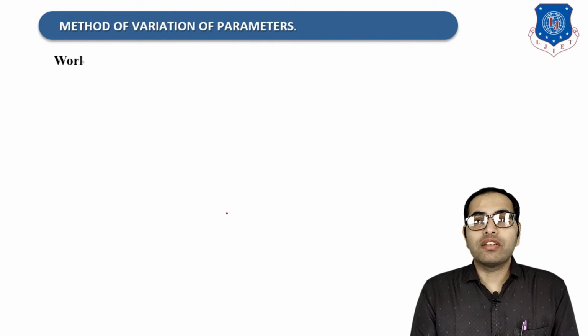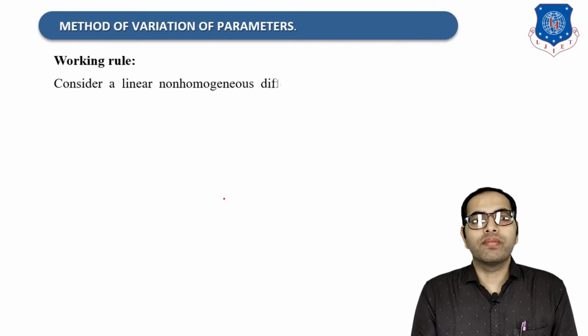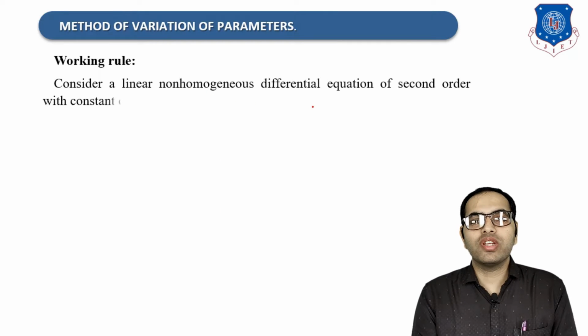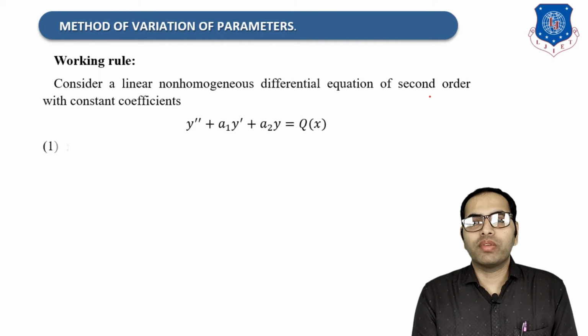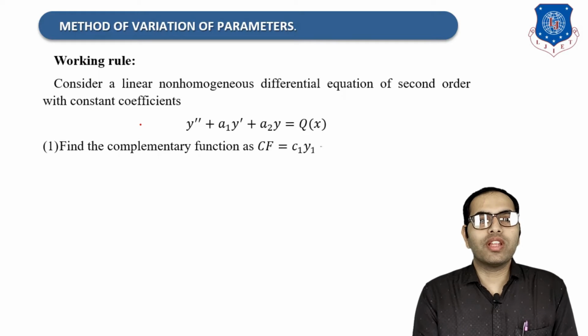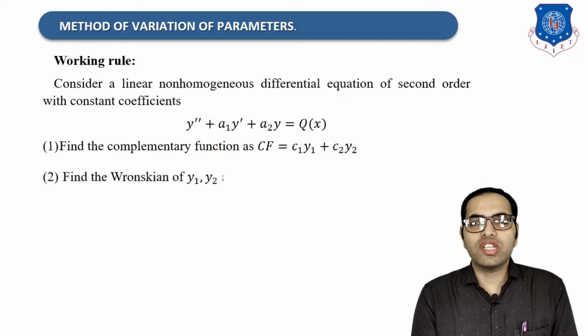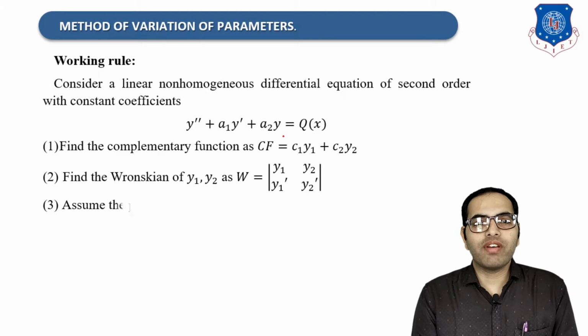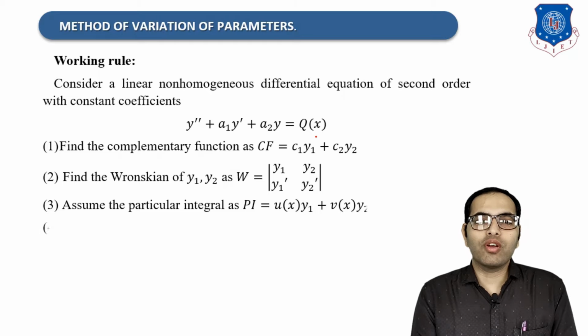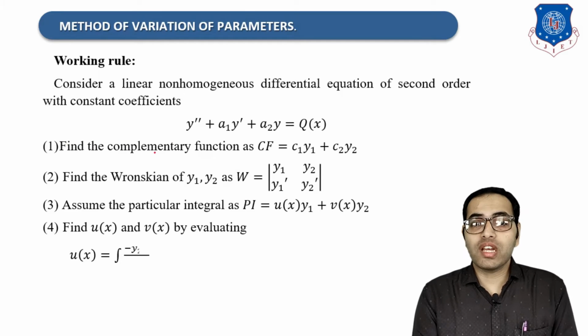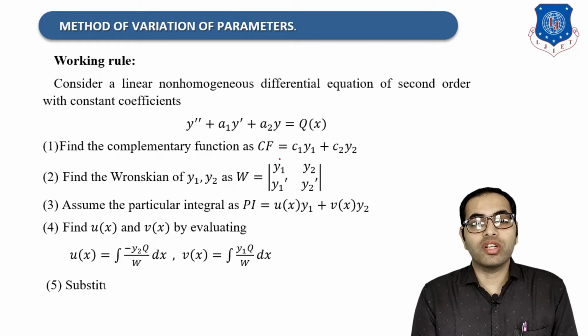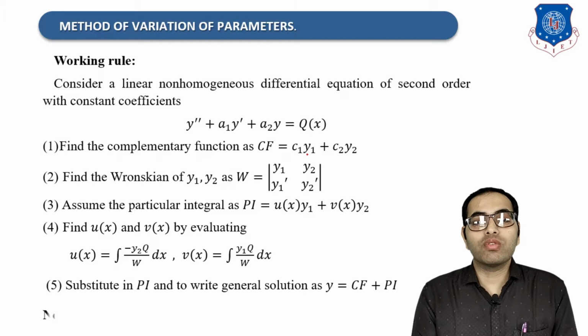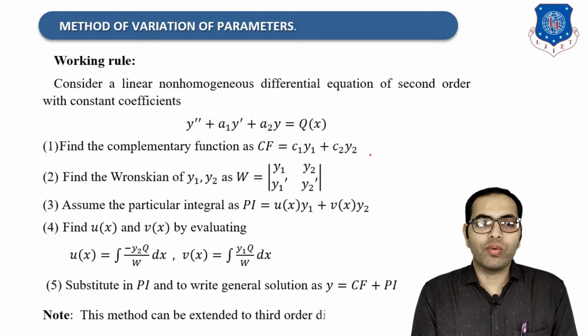Let's see the working rule first. Consider a linear non-homogeneous differential equation of the second order with constant coefficients, which is y'' + a1 y' + a2 y = q(x). Now firstly find the complementary function, which is CF = c1 y1 + c2 y2.